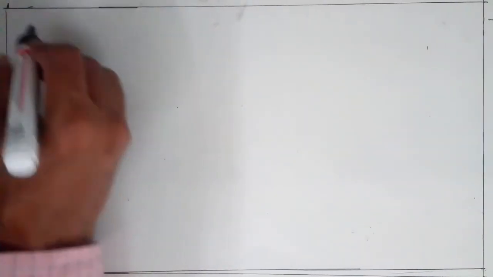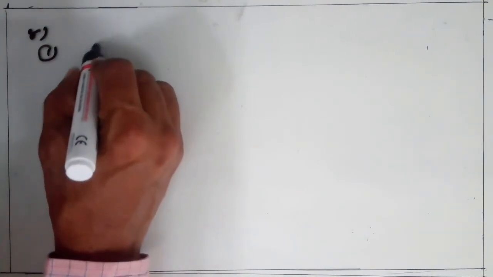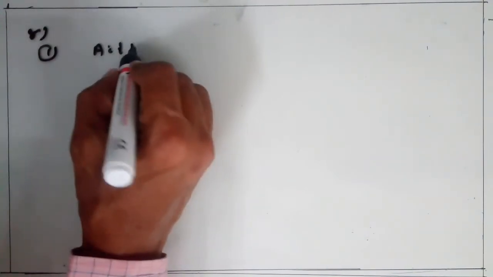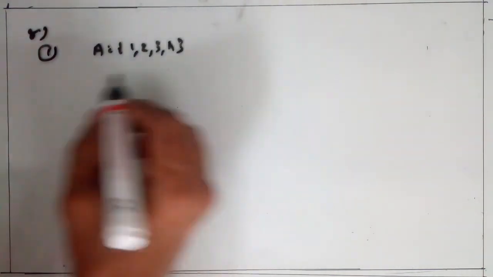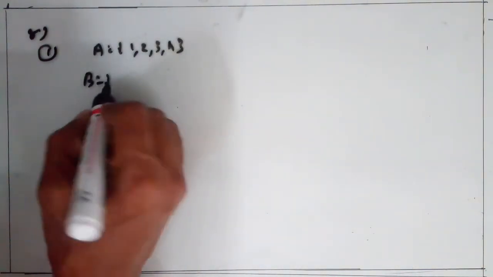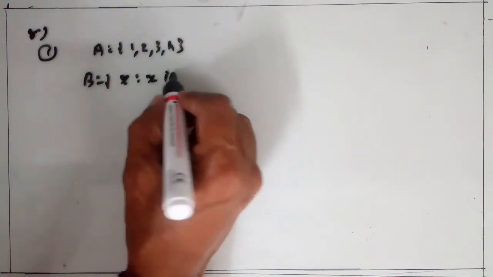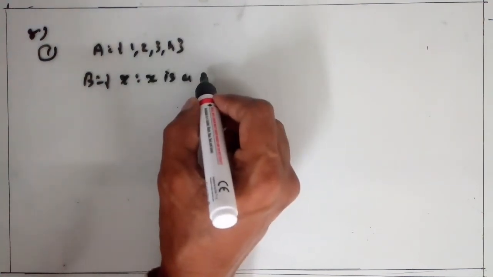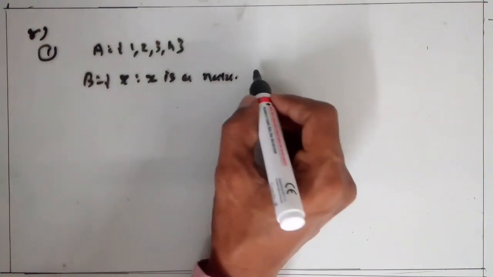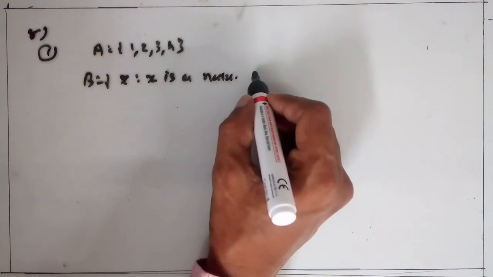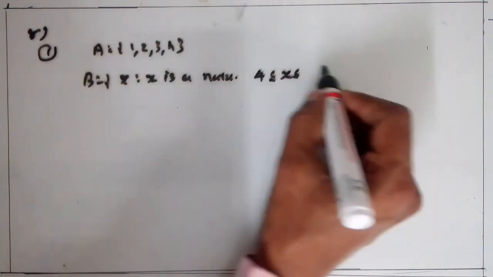So in question number 8, first set A is equal to 1, 2, 3, 4, and next set B is equal to {x : x is a natural number and 4 ≤ x ≤ 6}.